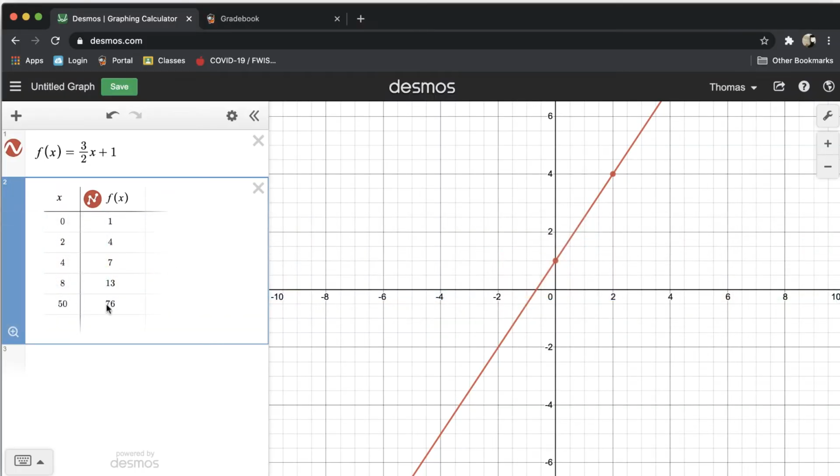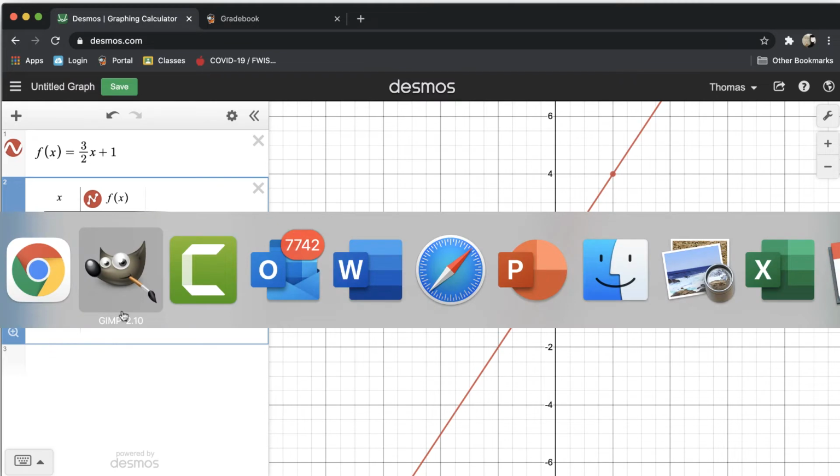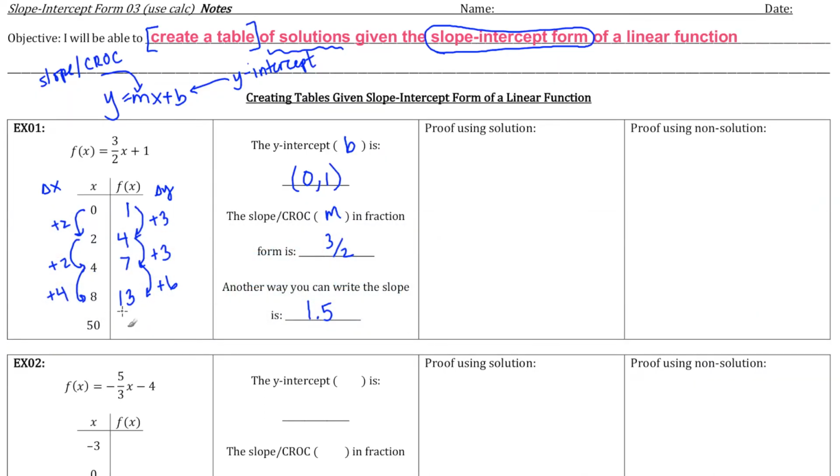With the 50, since it's way higher, like we have to increase this by 42, let's just go ahead and write the answer that we get. So 50, 76. This is just in case you're ever asked to get something like 100 or a decimal. You can always just look in a calculator. It'll do that part of the work for you.